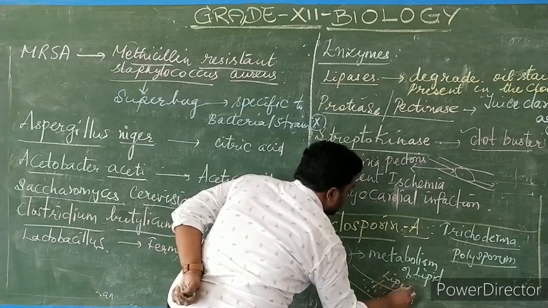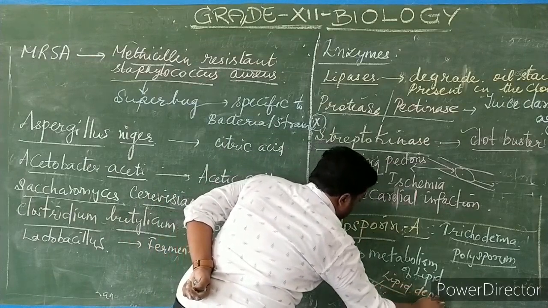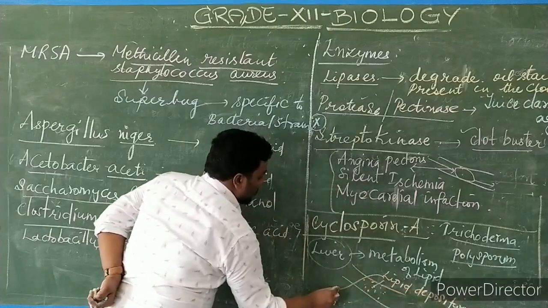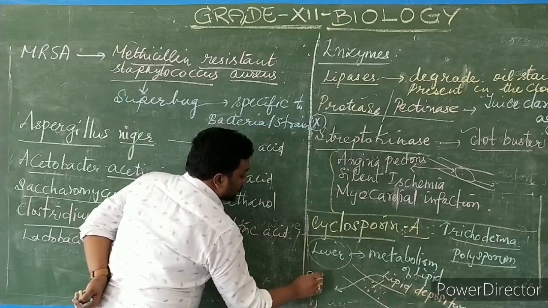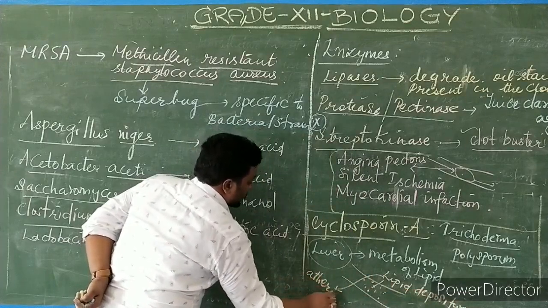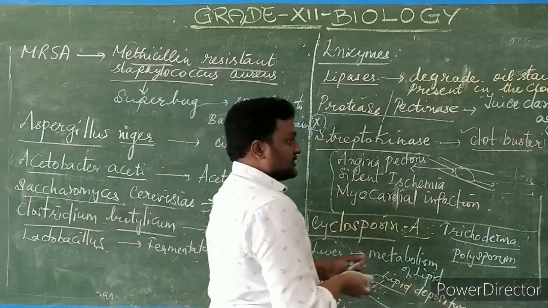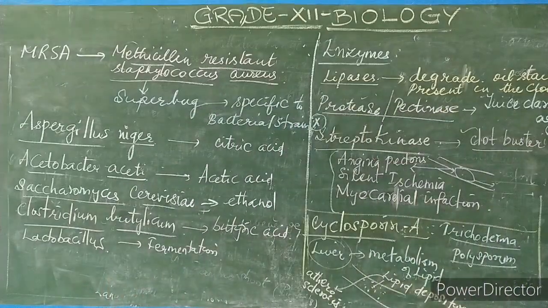This is called lipid deposition. The lipid deposition results in atherosclerosis. What is getting deposited? The lipids, and as a result it gives rise to atherosclerosis, the cholesterol deposition.